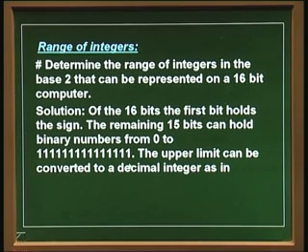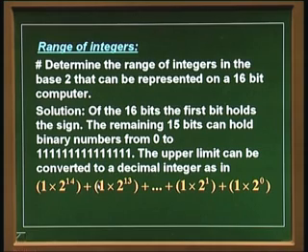So the upper limit is all 1s, which can be converted to the integer as 1 into 2 to the power of 14. There are bits 0 to 14 here, that's 15 bits, and 1 bit is for the sign.